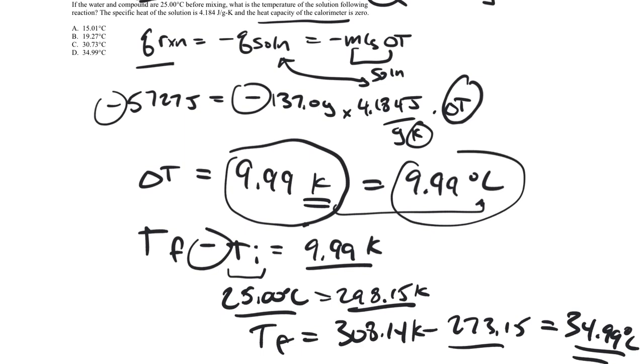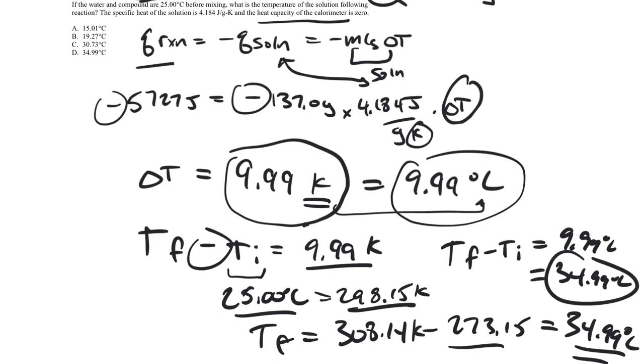Well, if we had made this realization here that the delta T is 9.99 degrees C, then you can see that TF minus TI is 9.99 degrees C. So the initial plus 9.99 is 34.99 degrees C. So you can see degree C, Kelvin, and a difference in temperature are synonymous with each other.